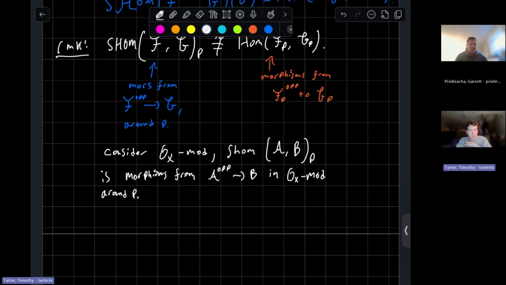So it's a morphism of sheaves, which gives an OX-module map.